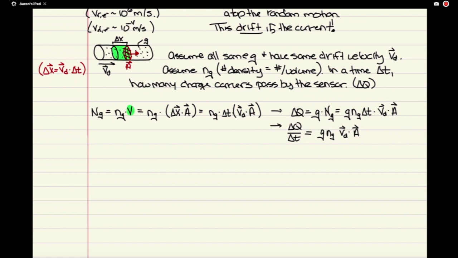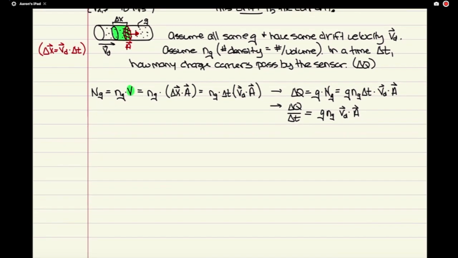Now you might say, who cares? We can give some names to these things. The current, delta Q, is a function of time. We just wrote it as the charge carrier density times the drift velocity dotted with the cross-sectional area.